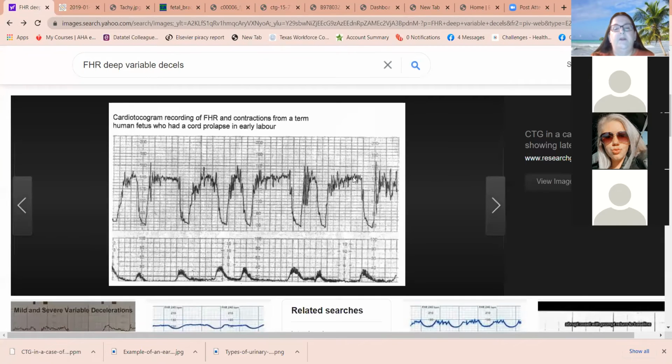What variability do we have here in these spaces where the heart rate is at baseline? If you think it is minimal, what qualifies this as minimal variability? What is the determining factor for minimal variability?